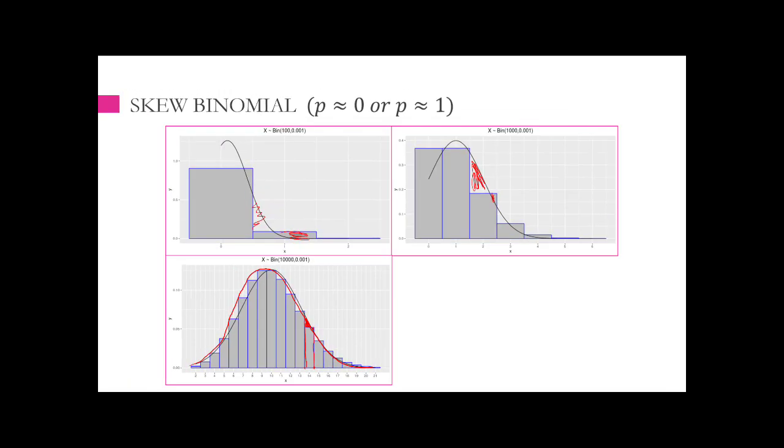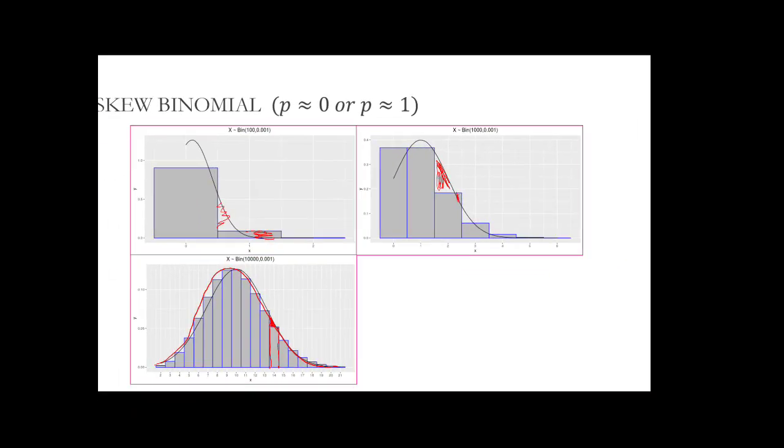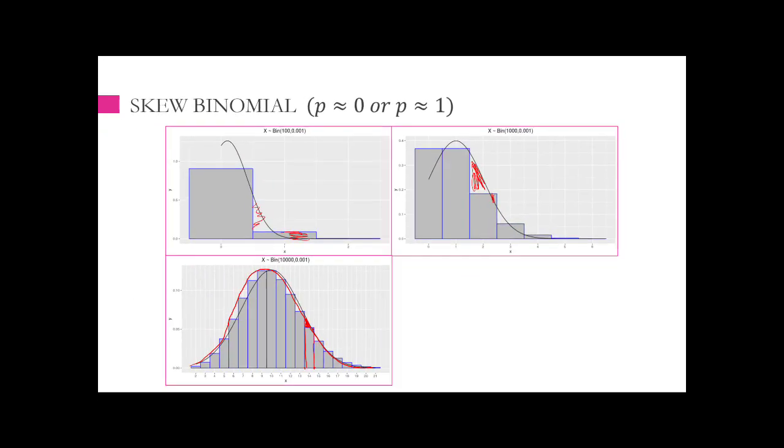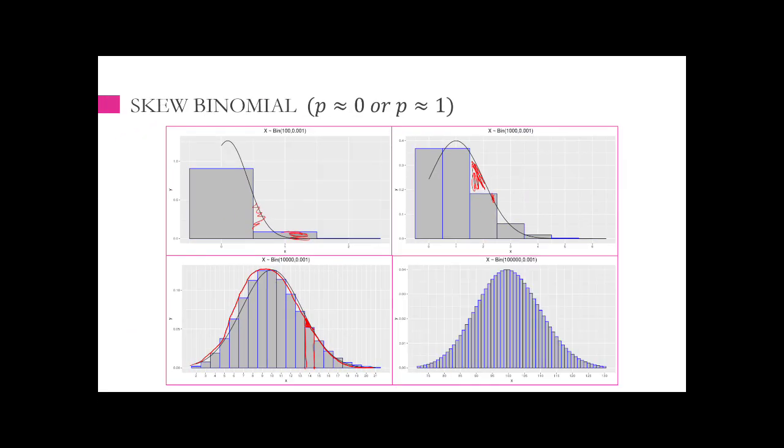And then if n is 100,000, that looks more like a normal distribution. But you still have this issue of uneven adding and subtracting, basically. So for skews, it's not that great.